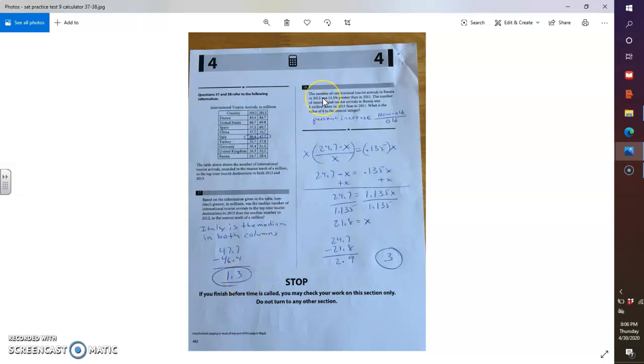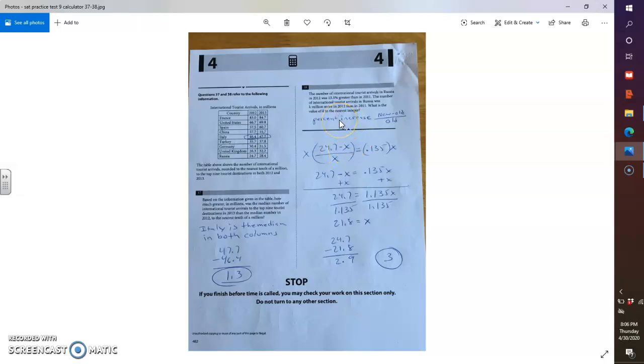Number 38 is a little bit harder, and it deals with percent change. There was a 13.5% increase in tourism between 2012 and 2011. Now in 2012, it was 24.7 million tourists. 2011 we don't know, so that's x.